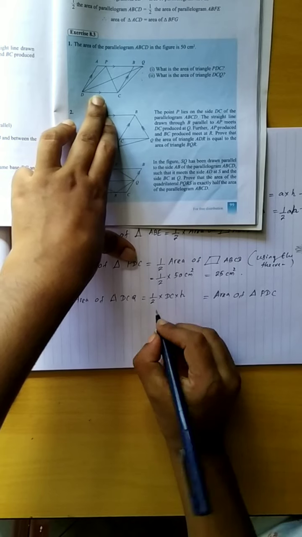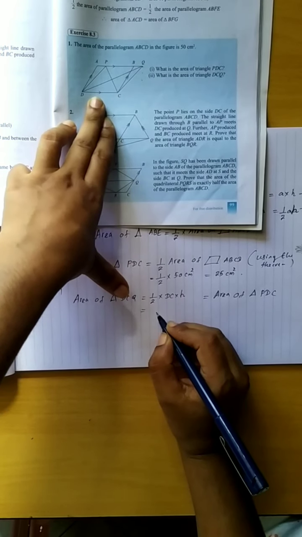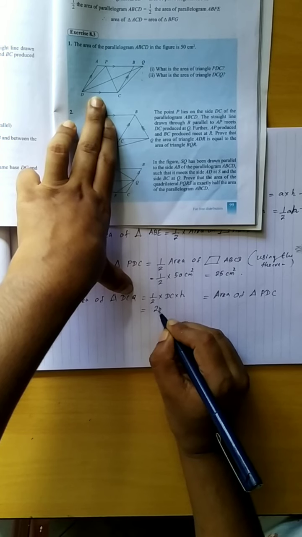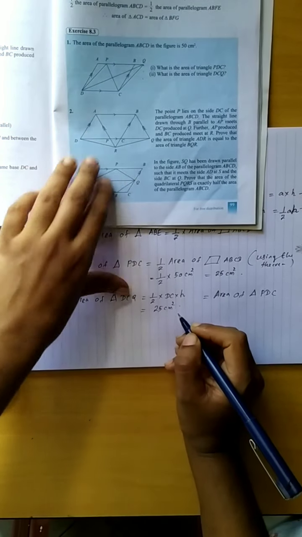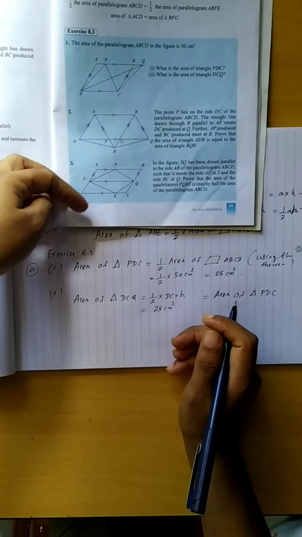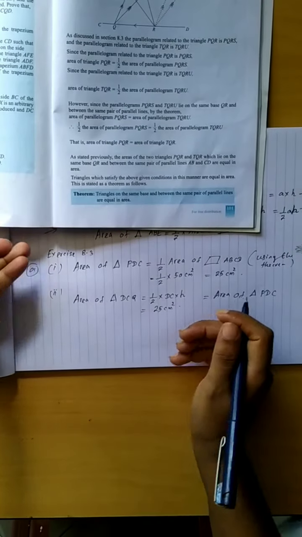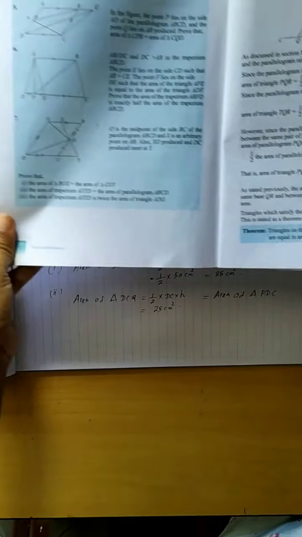These two are equal, so you can take the area of triangle DCQ as 25 square centimeters. The second and third problems you can do. If you move to the next page, there are a few problems.